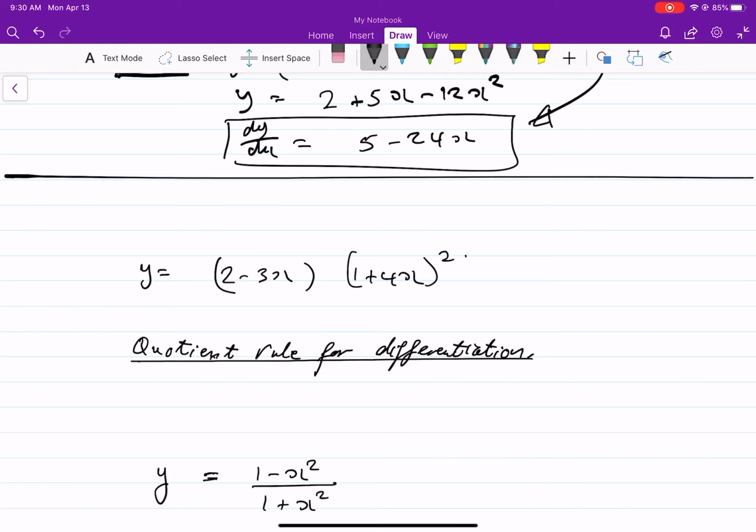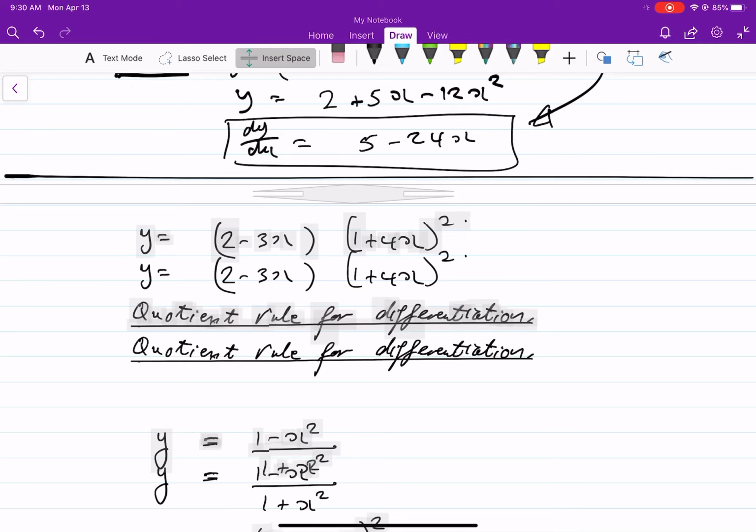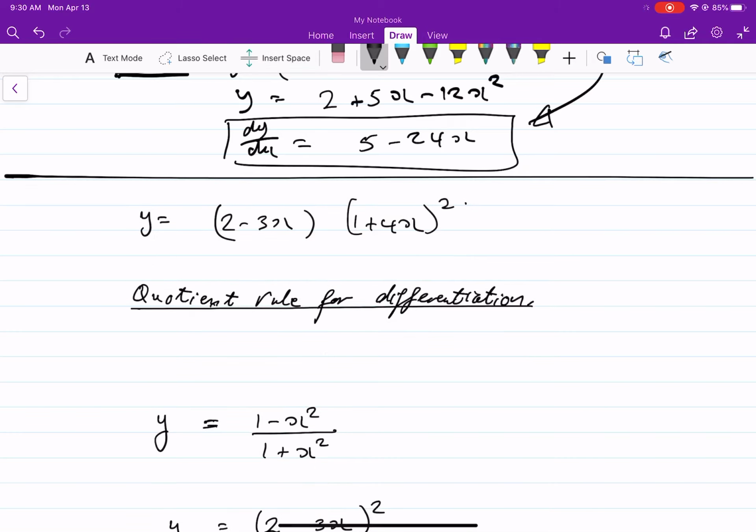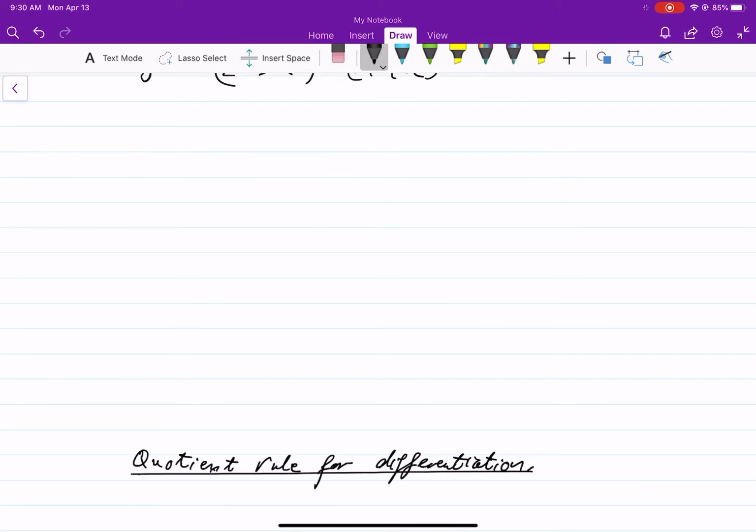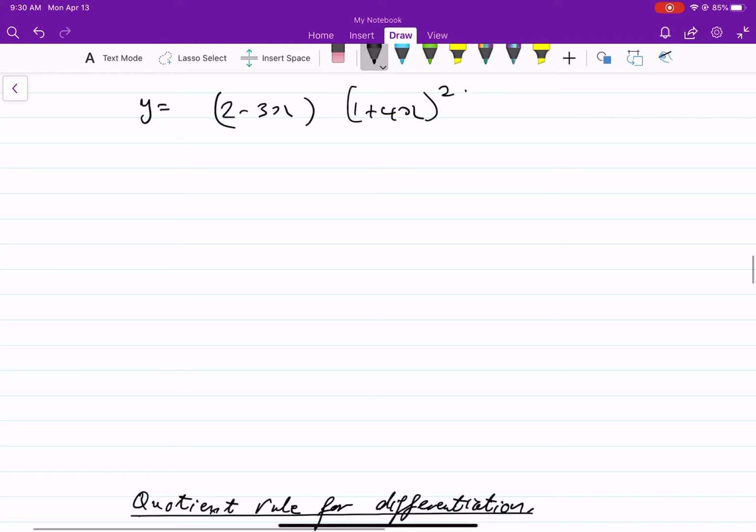Yes, the next example is y is equal to 2 minus 3x times 1 plus 4x all squared.